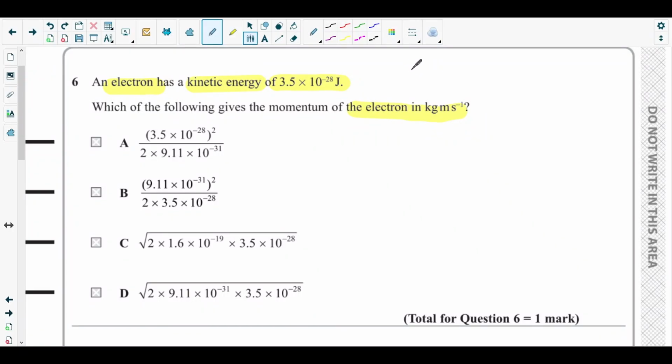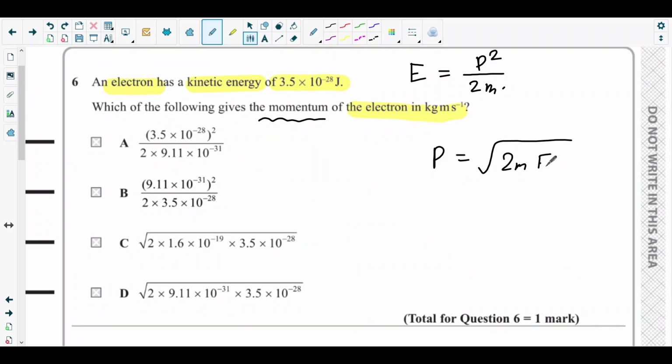We have learned this relationship in chapter number 5, further mechanics, that kinetic energy and momentum can be related by this formula, E equals p squared over 2m. They are asking for the momentum, so make p the subject, so that would be the square root of 2mE. m is the mass of the electron.